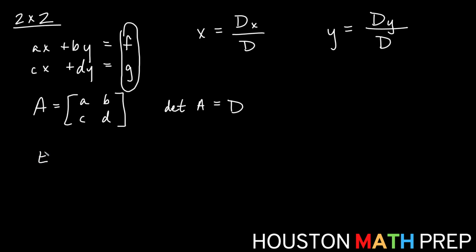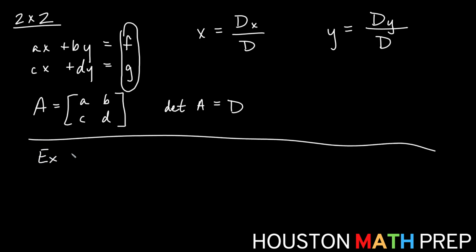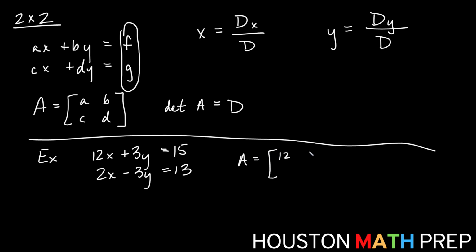For an example, let's say we're trying to solve 12x plus 3y equals 15, and 2x minus 3y equals 13. The first thing we'll do is find the coefficient matrix A. A is obviously 12, 3, 2, negative 3, right?